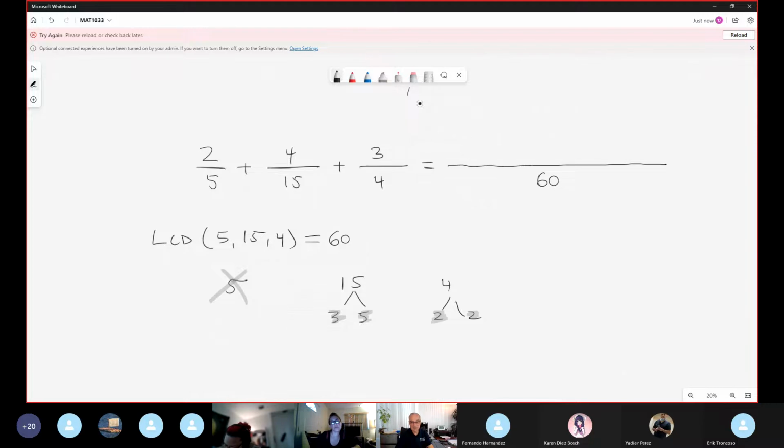Okay, step 1 was find the LCD. Any questions so far? Why did you cross it out? Because the rule says you take every factor, but when you have repetition, they are irrelevant to find the least.